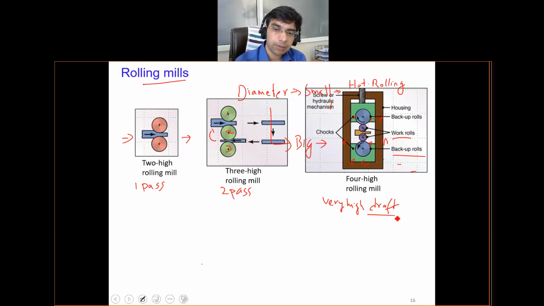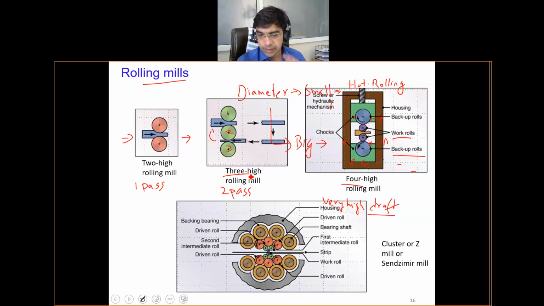So four high comes from the name that there are four rolls. Three high comes from there being three rolls, and similarly two high because there are two rolls. And then there is another configuration of rolling mills, which is known as the cluster mill, or also the Z mill or Sendzimir mill.